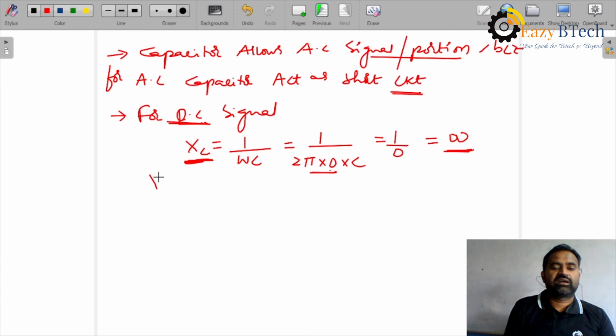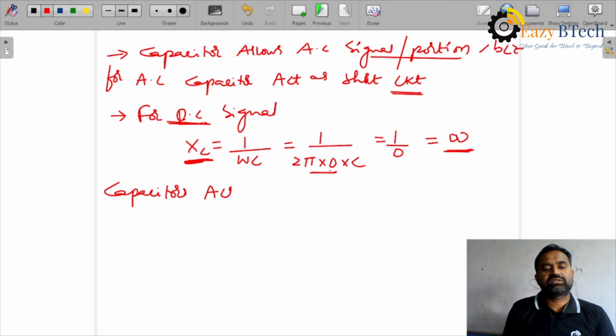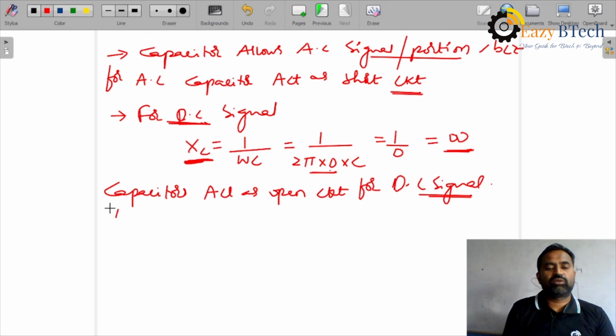Then the capacitor acts as an open circuit for DC. It blocks DC.